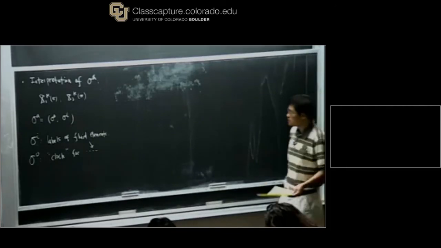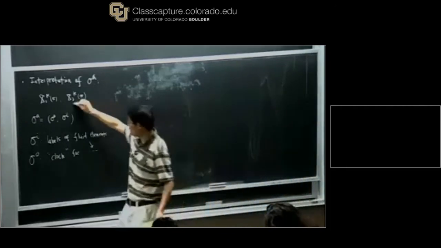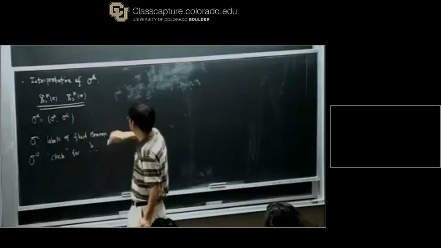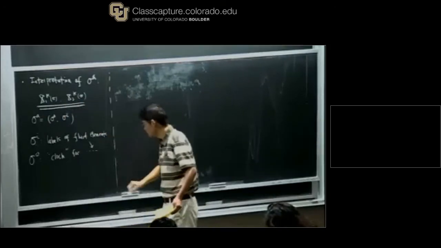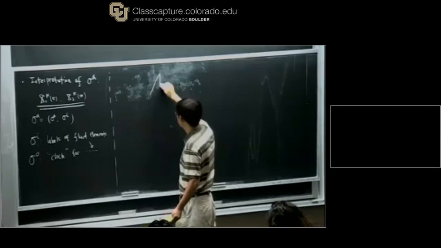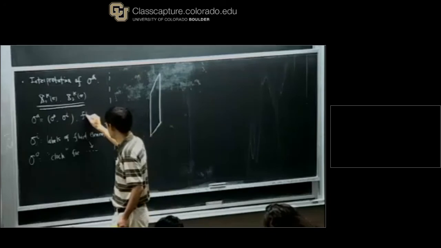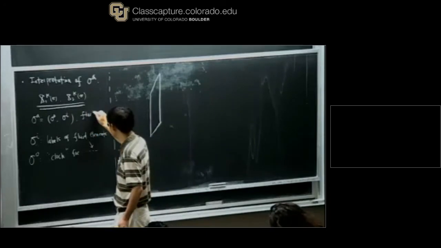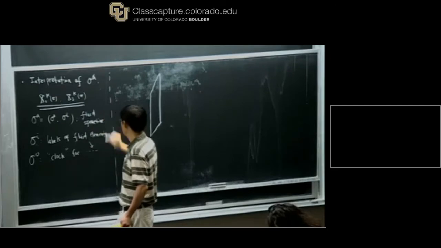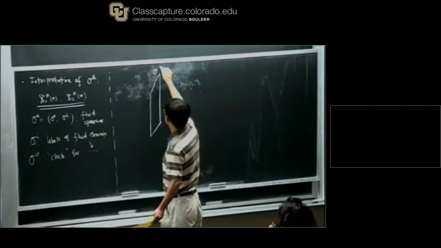So now this has a very simple physical interpretation. We have this fluid space-time. Let me call this thing a fluid space-time because of this interpretation. So now, this is sigma a.